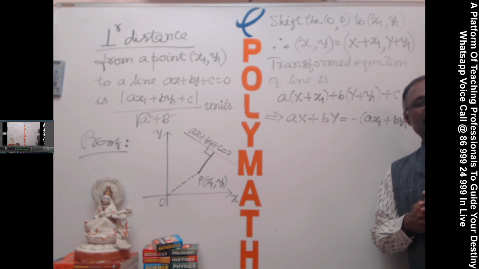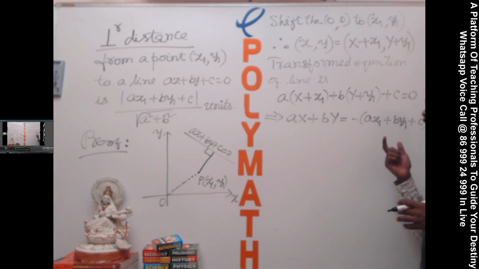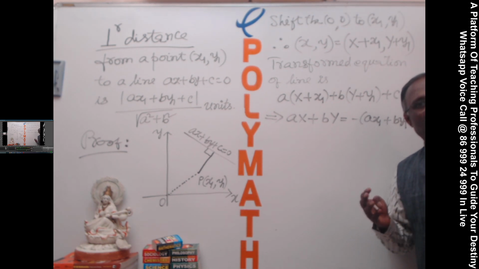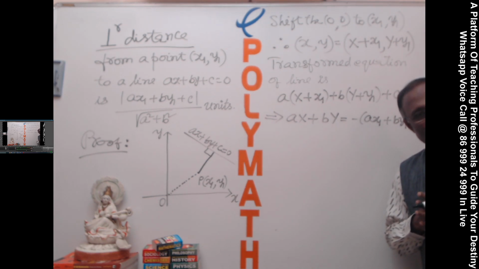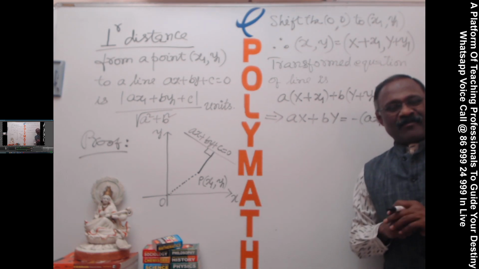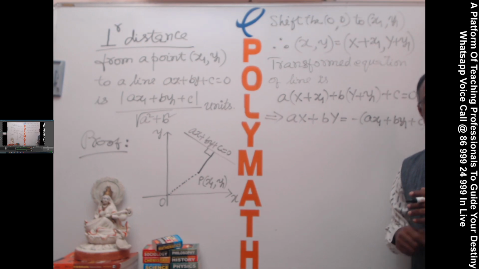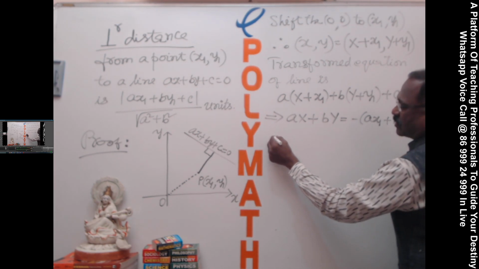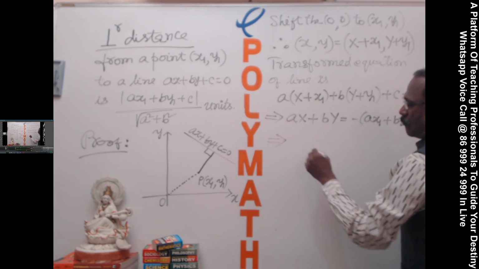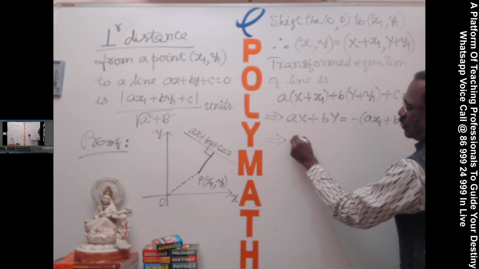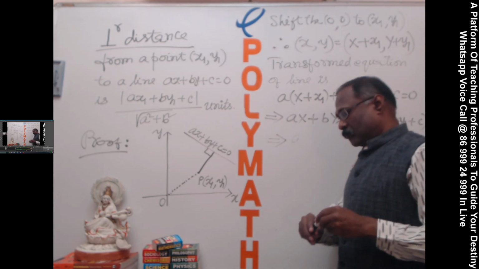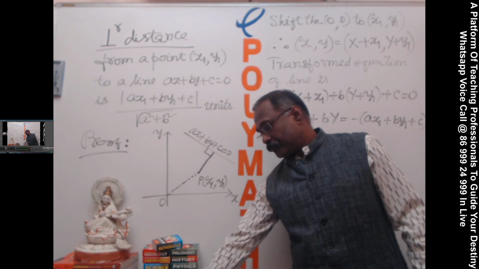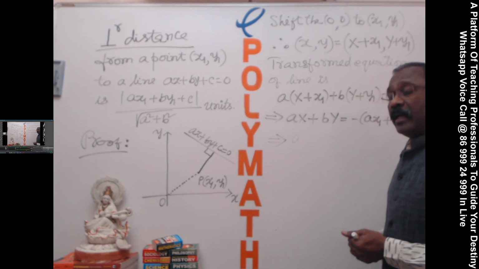Now I want to convert it to the normal form. If I convert it to the normal form, then the RHS is nothing but the distance from the origin. What is the origin here? x1, y1, because we shifted the origin. So this implies, we have to divide with root over a square plus b square.